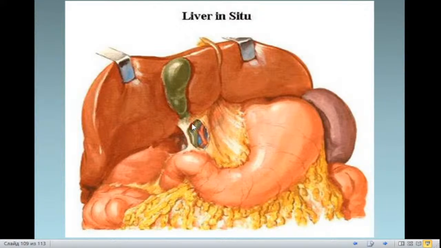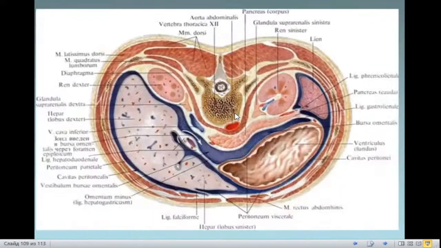Through this epiploic foramen, the omental bursa is connected to the hepatic bursa. It's also a sort of space corresponding to the right lobe of the liver. And in front of the stomach, there is one more, called the pregastric bursa. And they are blind-ended.